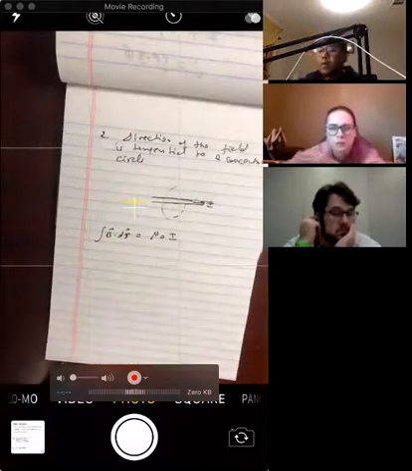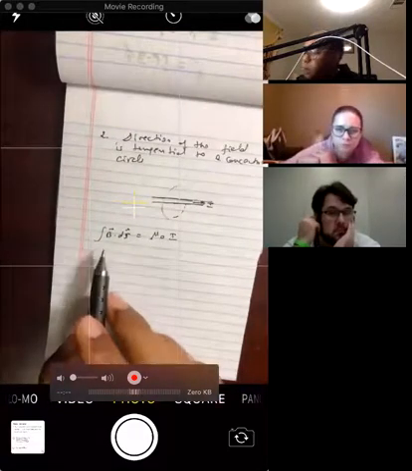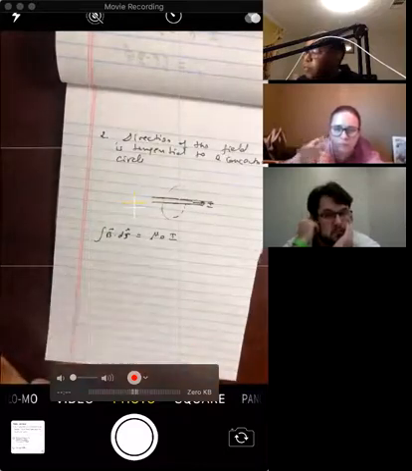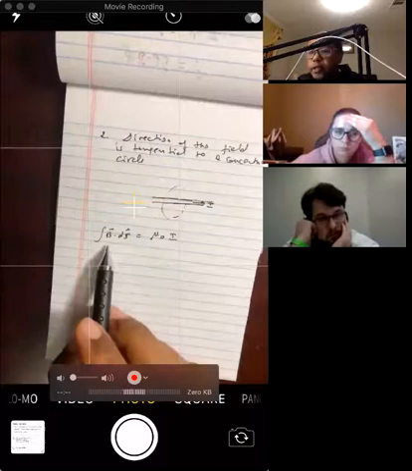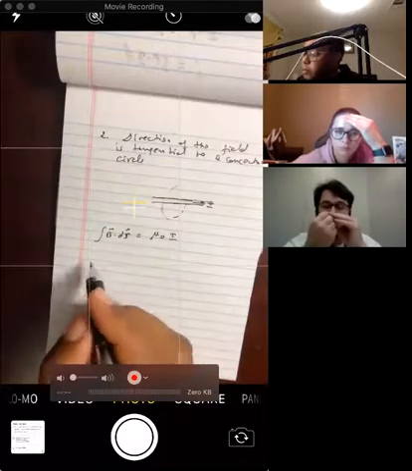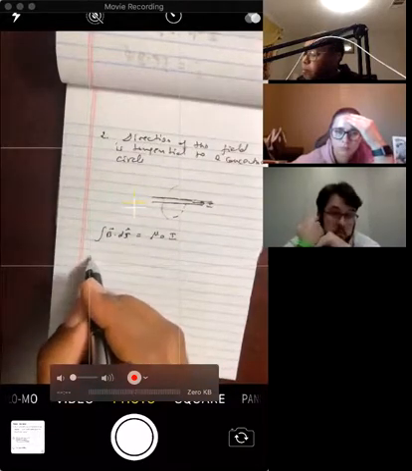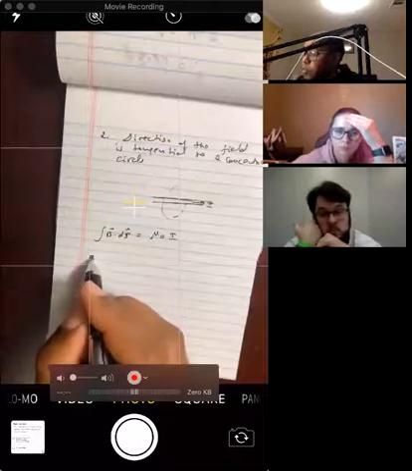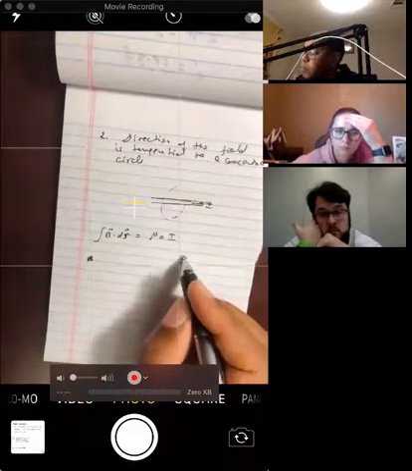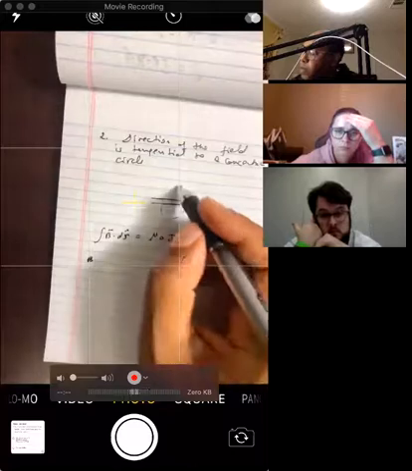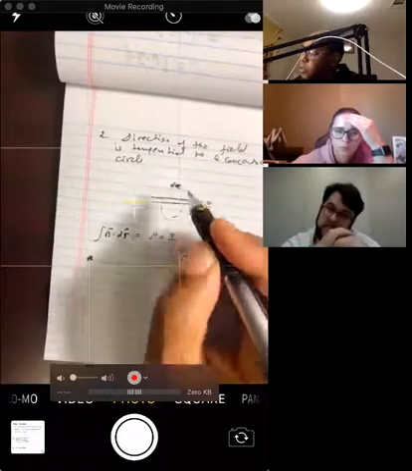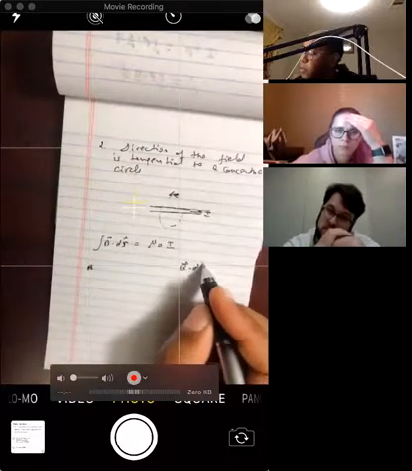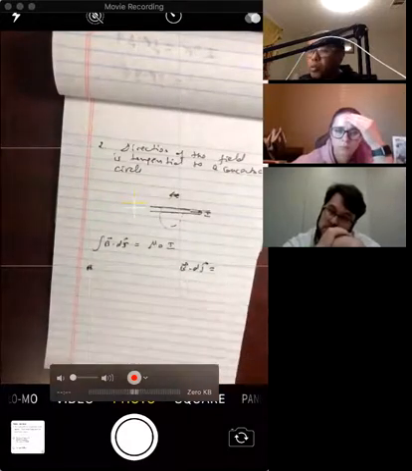Now my goal is to get a formula for the magnetic field. The magnetic field is a constant, so you can take it out. First, let me repeat: the magnetic field is tangential, and ds is in the same direction. So B and ds are either parallel or opposite, because they're both tangential.